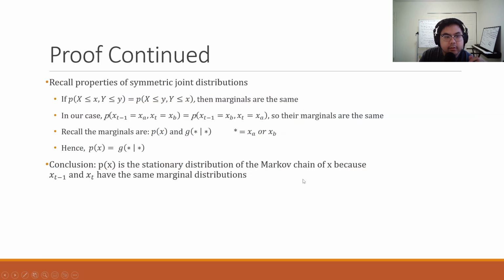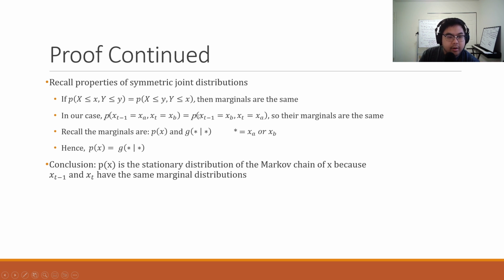So we're going to see in the next slide, this is where the proof comes into play, because let's review what symmetric distributions are. So basically, if you have a random variable and this CDF here, x less than or equal to x, y less than or equal to y, if we replace the x's and the y's and it's still the same distribution, that means the marginals are the same.